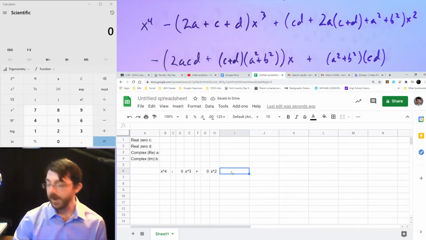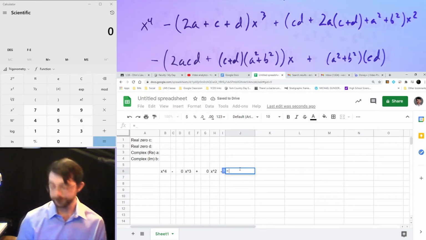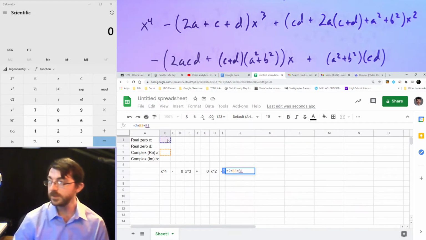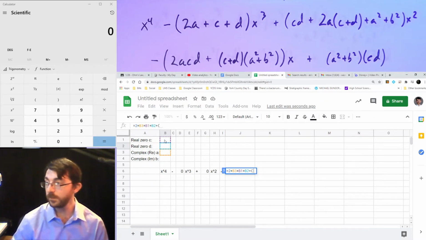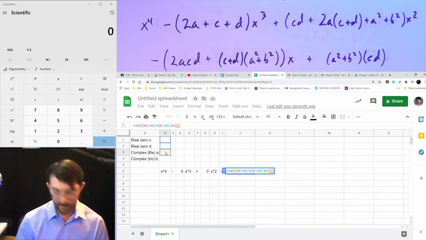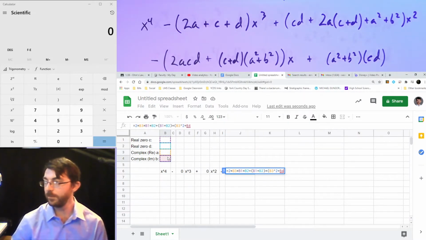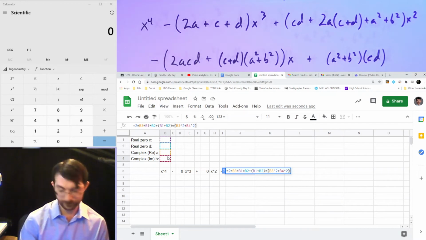Okay, next up is a minus. Minus what? 2 times A, C, D plus parentheses C plus D close parentheses times new parentheses A squared plus B squared, and see, I don't need to close any more parentheses.